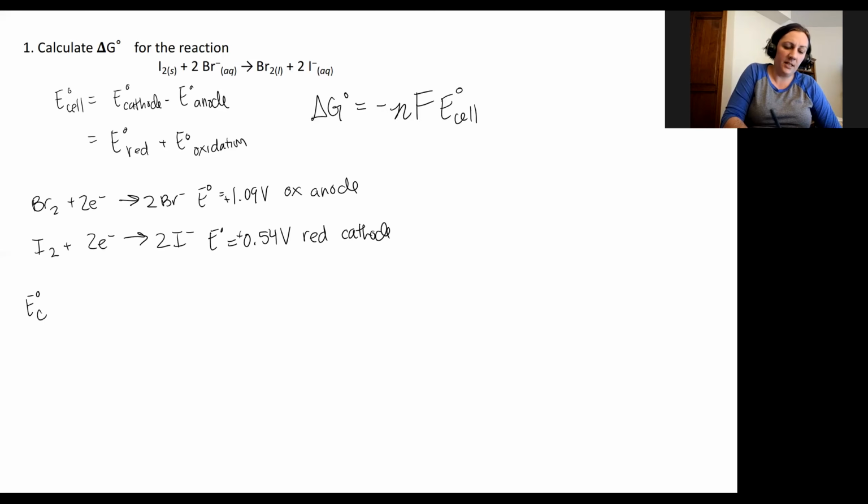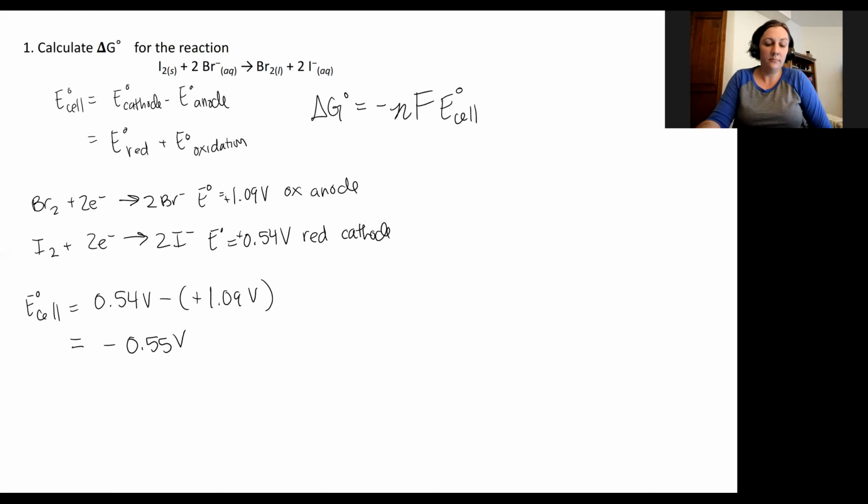So that cell potential is equal to the cathode, 0.54 volts, minus the positive 1.09 volts. That gives us a value of negative 0.55 volts for our cell potential. Now we should also take a look at n.